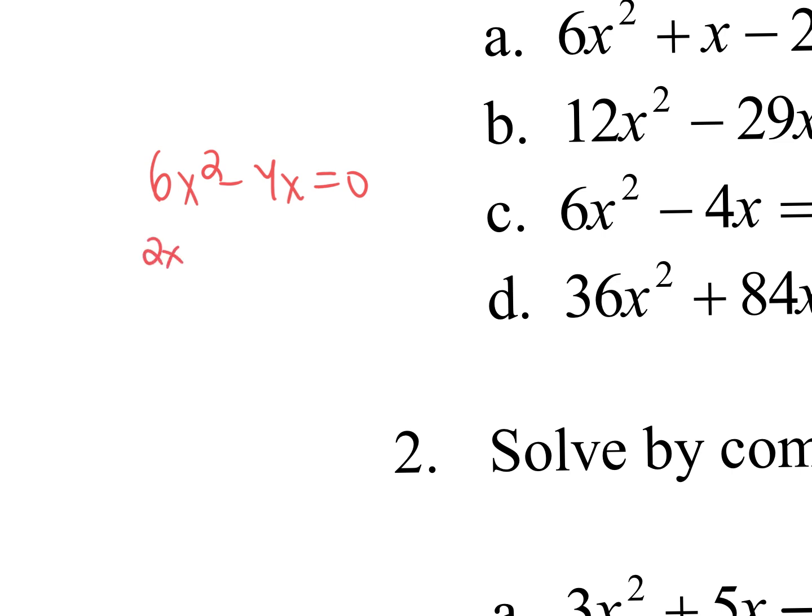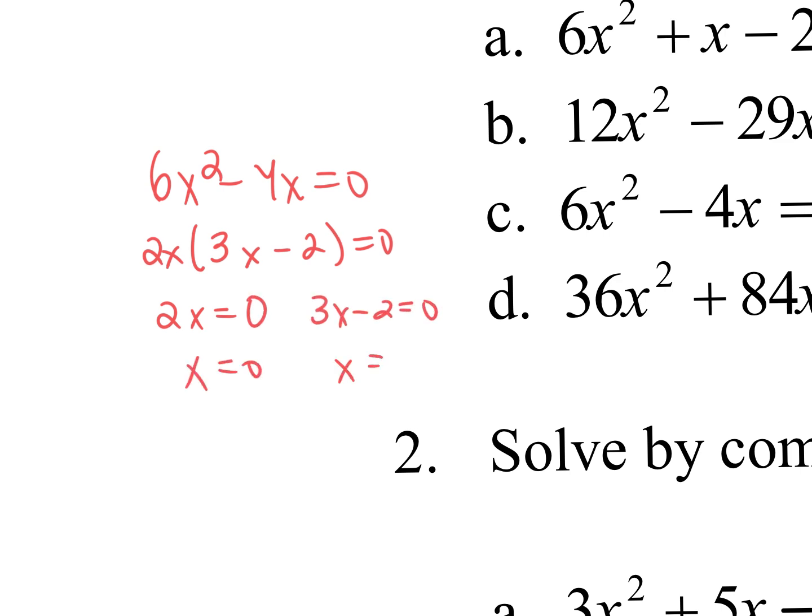You have 2x, and then you're left with what? 3x minus 2, and then you set each of those equal to 0. You get 2x equals 0, 3x minus 2 equals 0. So x equals 0, x equals 2/3. That is not a problem that is meant to be confusing. It's just a basic factoring problem.